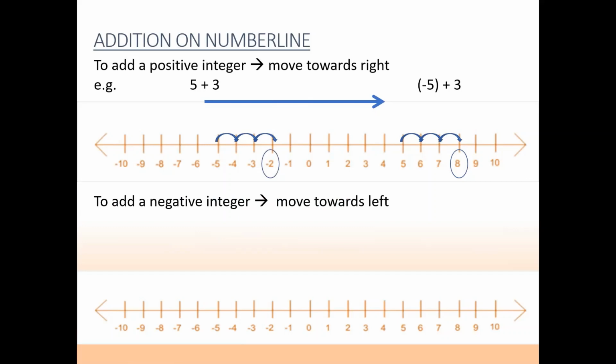In the next case, where I am adding a negative integer to a number which is positive in the first example and negative in the second example, let's see our answer. So we have to move towards the left side. We will stand on 5, jump 3 times backward, and we are going to reach 2.